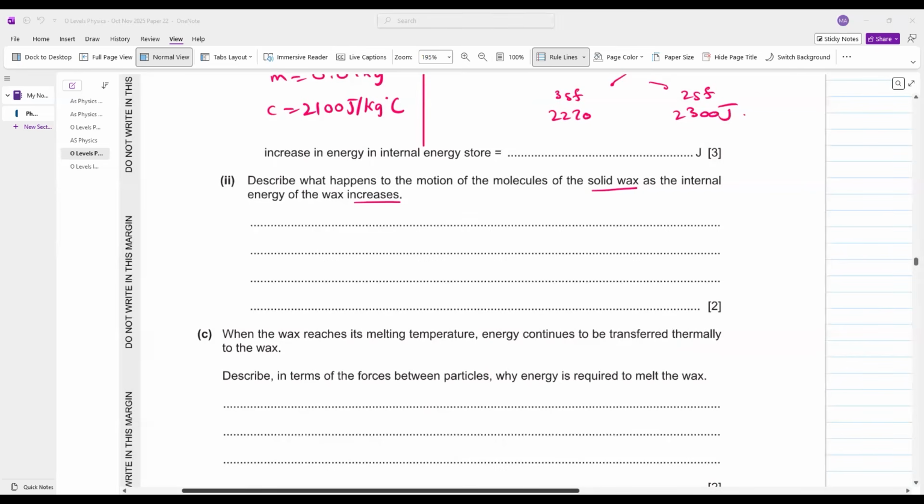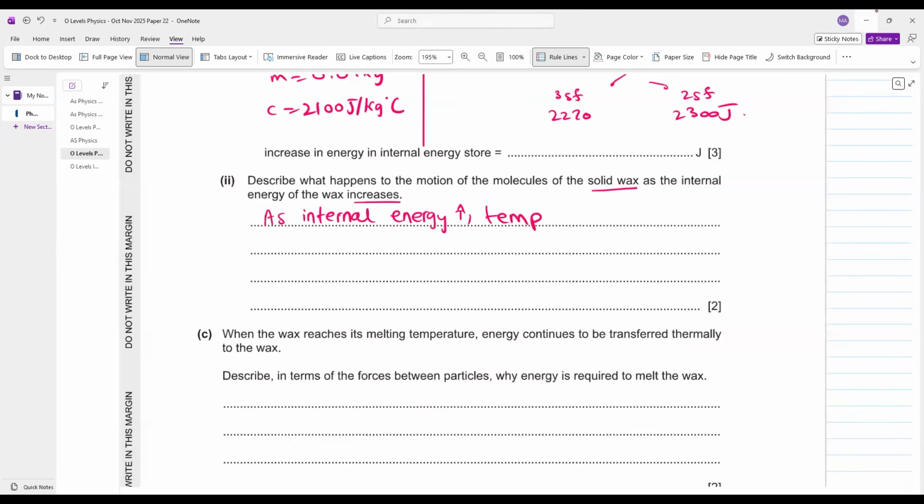Let's write it down. You will say as internal energy increases, the temperature increases. Since temperature increases, kinetic energy of molecules increases.